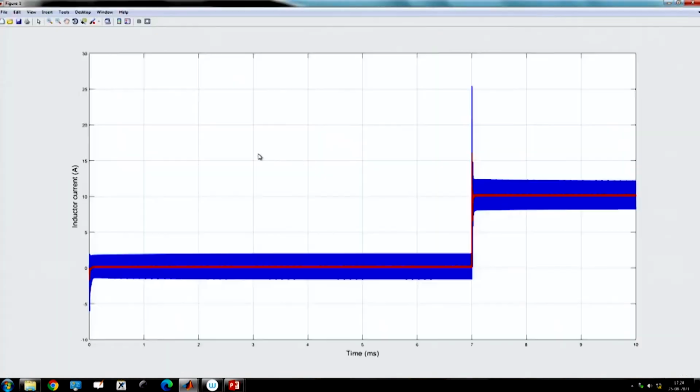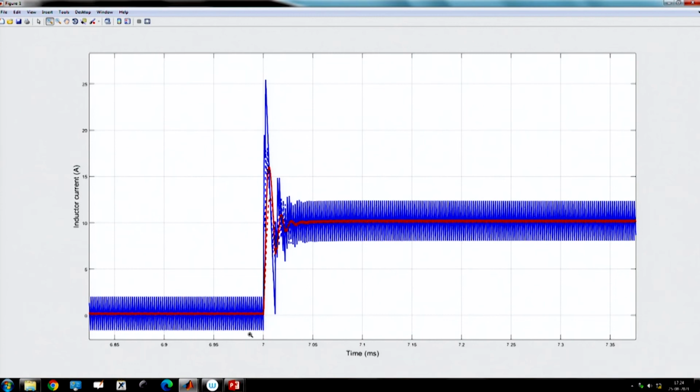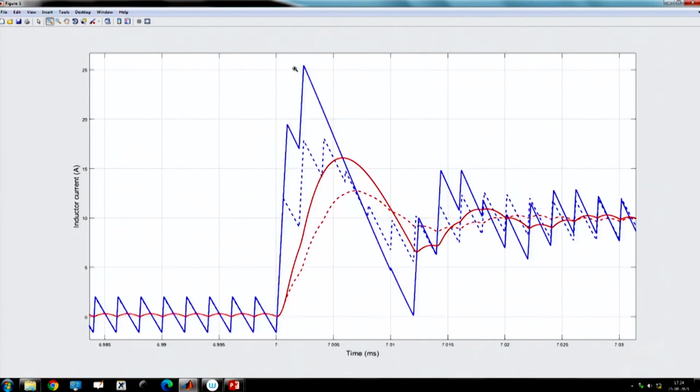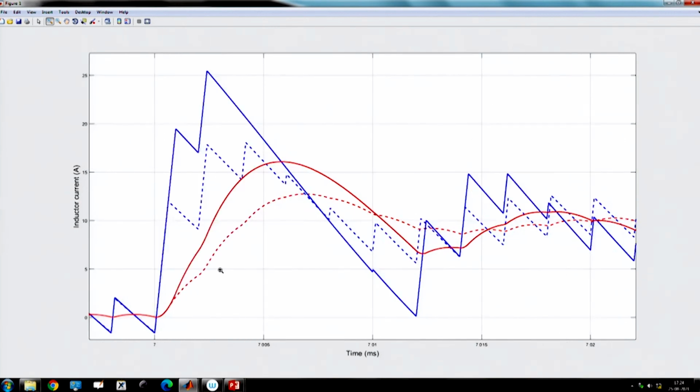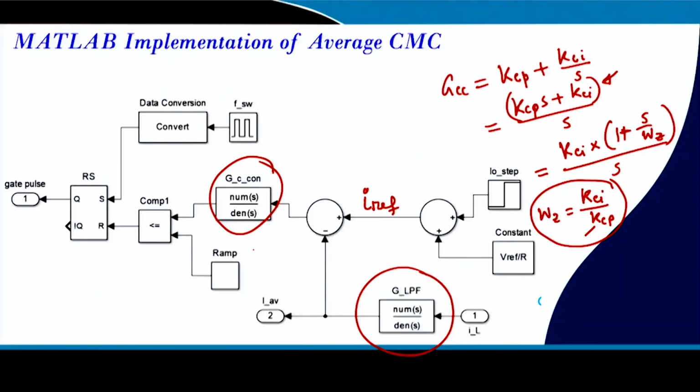I will just explain these two cases. There is a solid line and a dotted line. With the dotted line, the effect of the overshoot can be drastically reduced, you see the dotted line. So what did we do here?